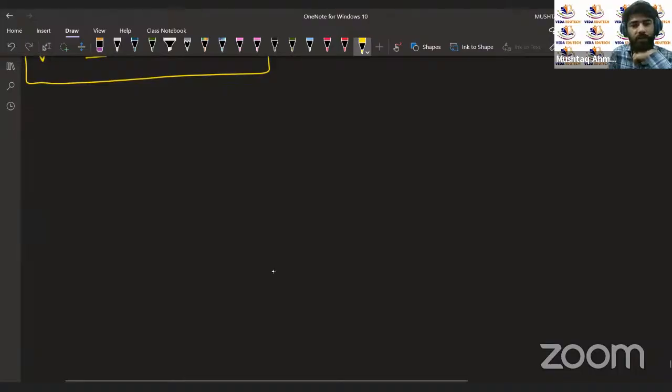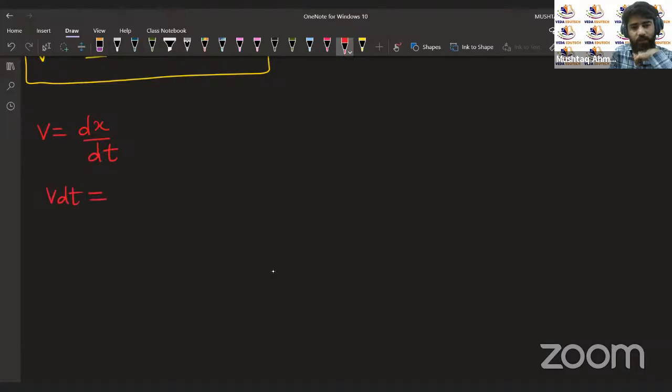We can derive the third equation as well. Velocity is defined as dx upon dt, right? So we can write it as v dt equals dx.